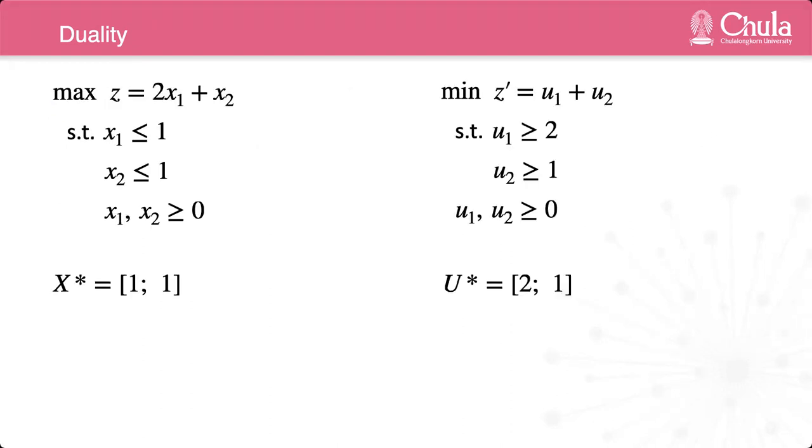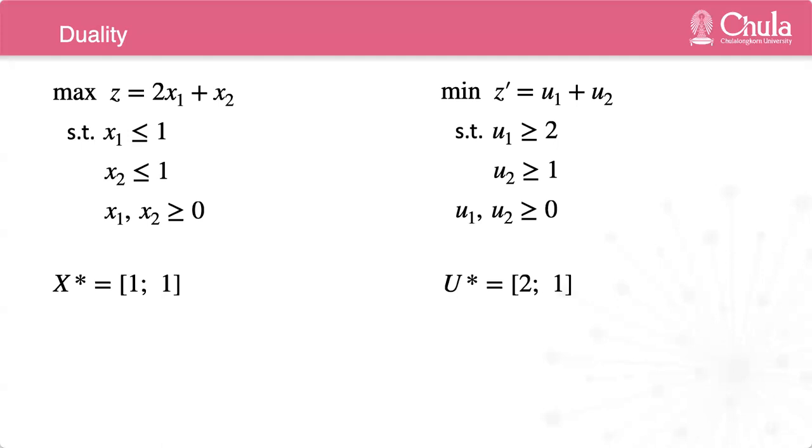Let's look at another example. If this is our primal problem, maximize 2x1 plus x2, we have 2 constraints, and the optimum solution is at 1, 1. Assume that I have already solved this problem and got the solution 1, 1.